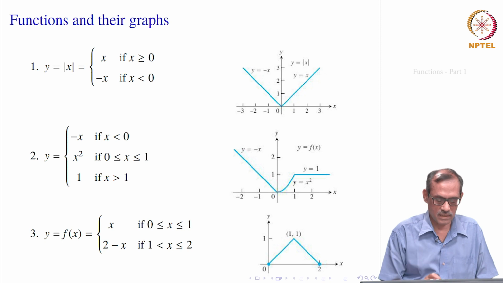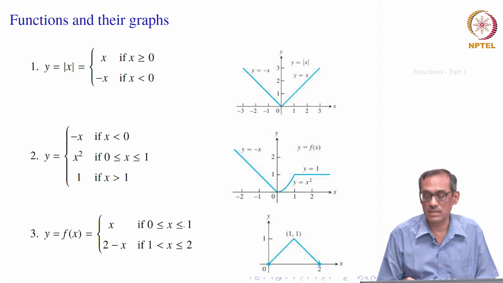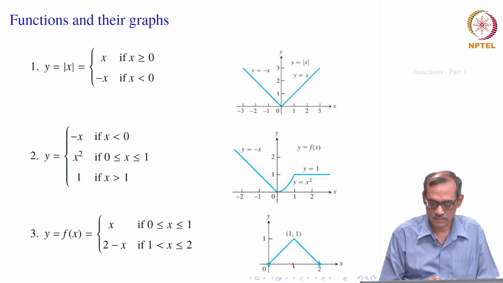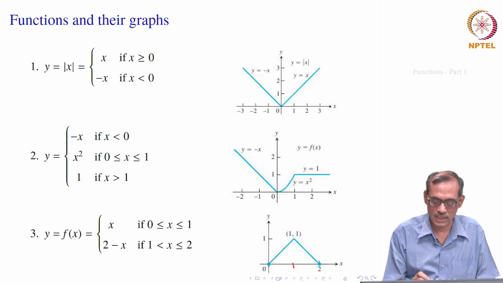Let us take another function, y equal to f of x, which is given as x when x lies between 0 and 1, and it is 2 minus x if 1 is less than x less than or equal to 2. So at 1 the first one is applicable, its value is 1, at 0 it is 0, and it is y equal to x between 0 to 1.